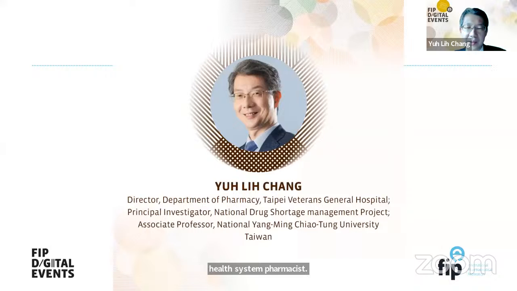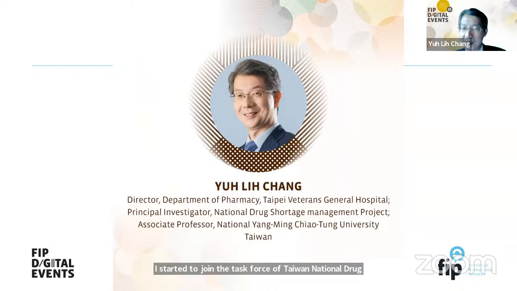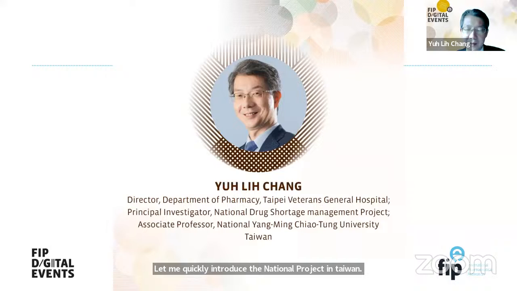I started to join the task force of Taiwan National Drug Shortage Management Project since 2015. Let me quickly introduce the national project in Taiwan. Since 2011, TSHP has been authorized by Taiwan FDA to work collaboratively with different stakeholders to initiate a national drug shortage project, which serves as the official mechanism for managing drug supply and shortage across Taiwan.